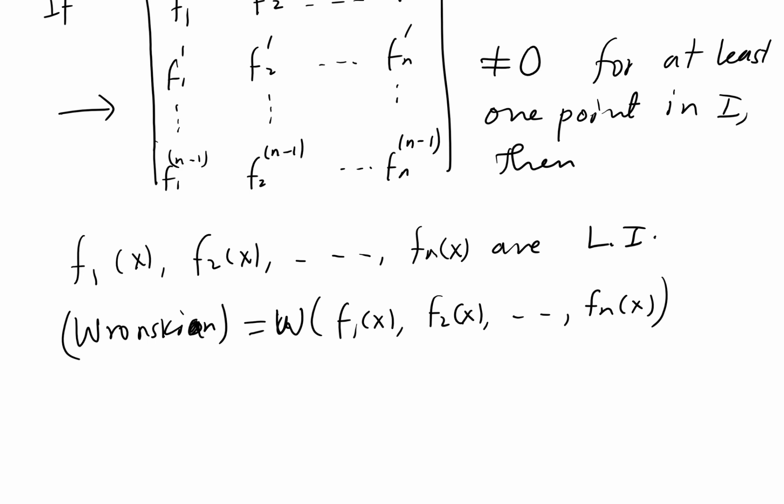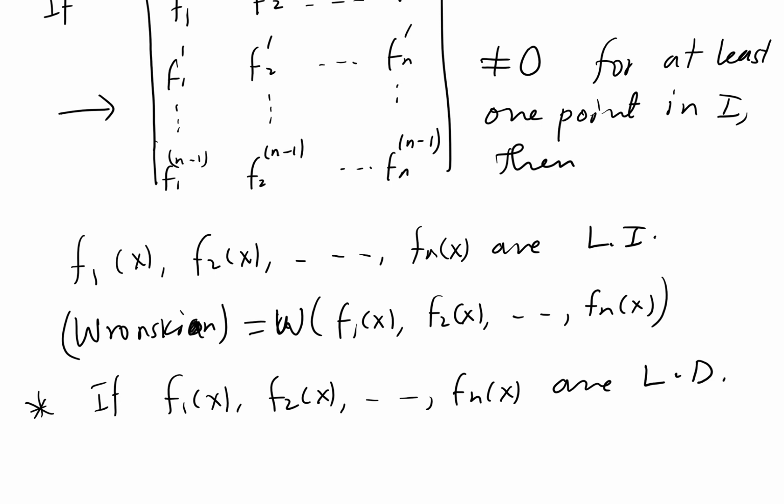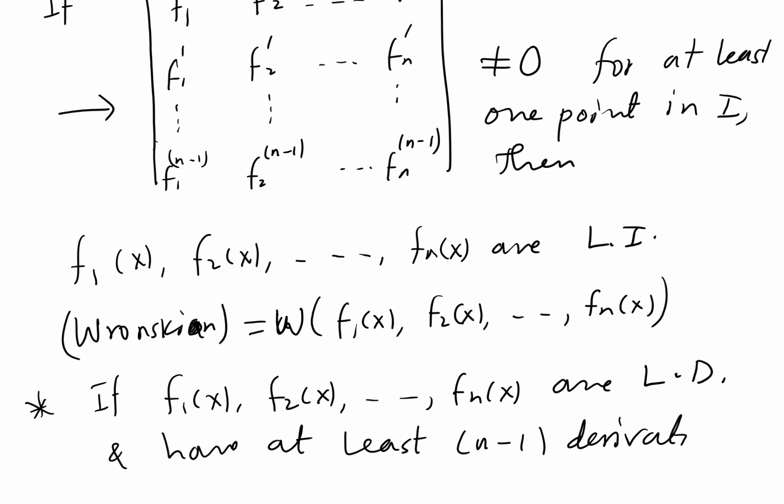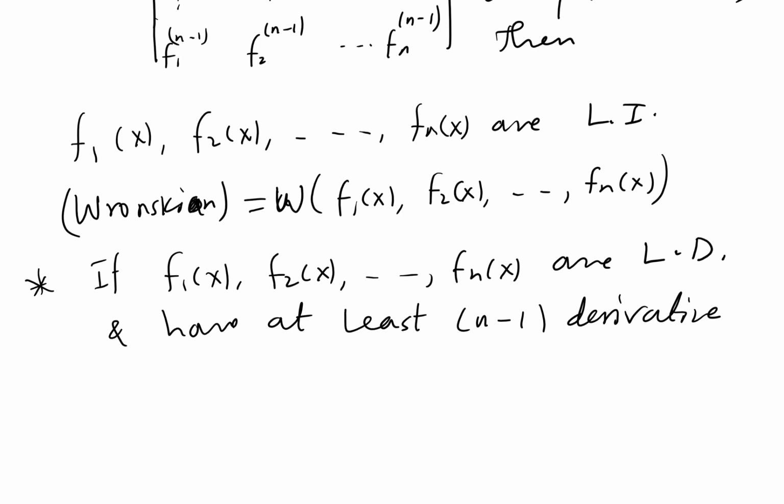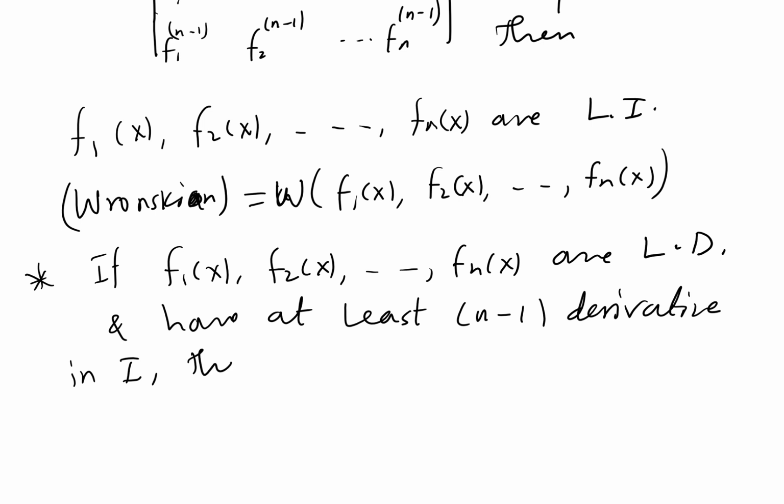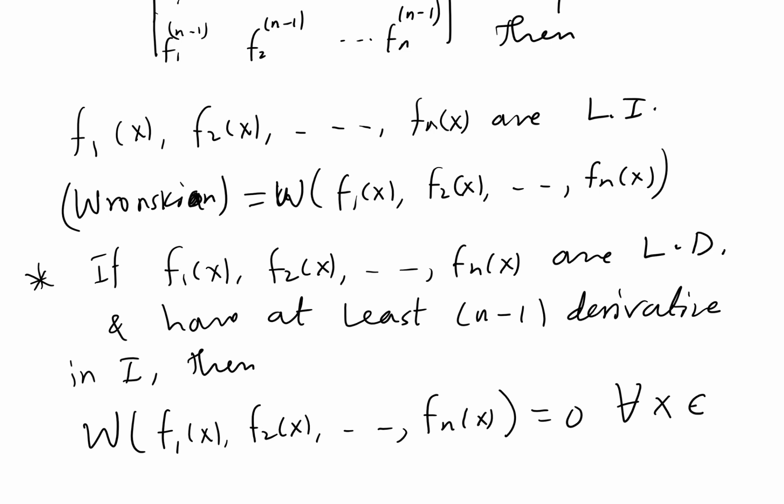So what we have here, we can say if f1 of x, f2 of x, all the way to fn of x are linearly dependent and have at least n minus 1 derivatives in I, then the Wronskian for f1 of x, f2 of x, fn of x is 0 for all x in I.